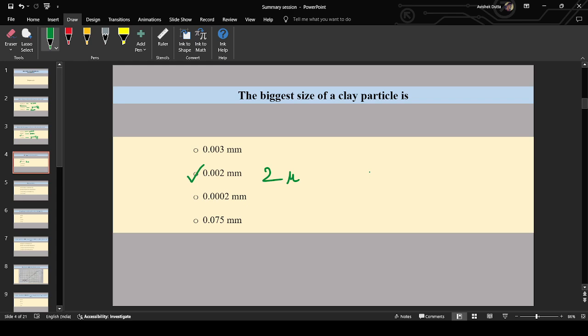So the biggest size of clay particle is 2 micron. Any particle size of soil below 2 micron is a clay particle. I hope it was clear. Next question.